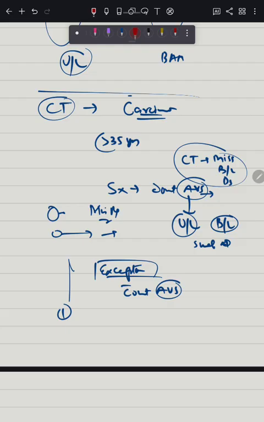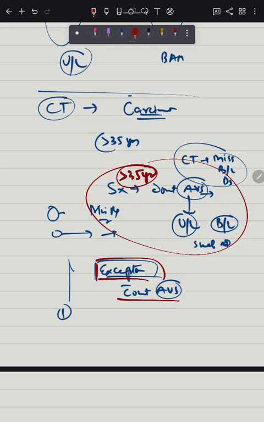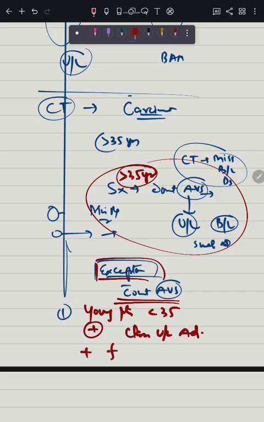Here I was discussing these things in the age group greater than 35 years, but the exception, where you go for surgery without doing AVS, is young patients, less than 35 years, with classic unilateral adenoma plus florid primary aldosteronism. Sometimes you can go straight to surgery without AVS.